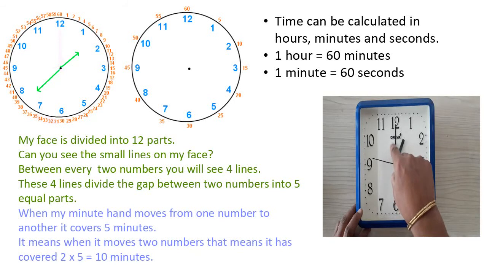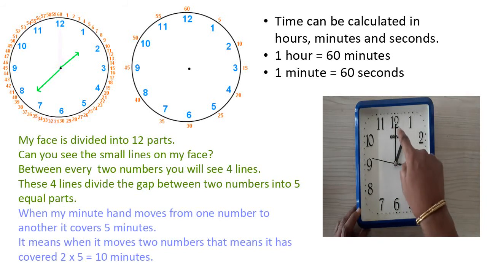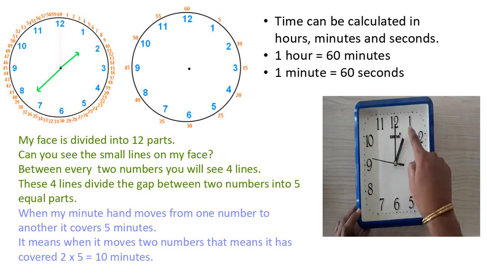And if it comes to its original place, it has covered 12 5s are 60 minutes. Okay, and by this time, if you have noticed, the hour hand has moved from the numeral 12 to 1. So it takes 60 minutes for the hour hand to move from one marking to another, right? That is 1 hour is equal to 60 minutes. Okay.